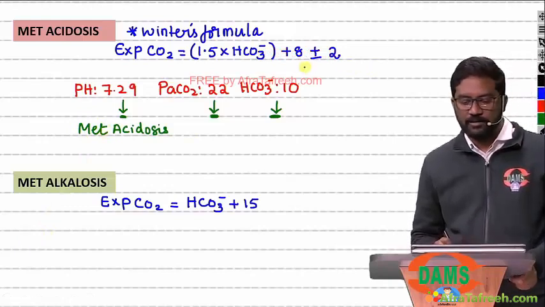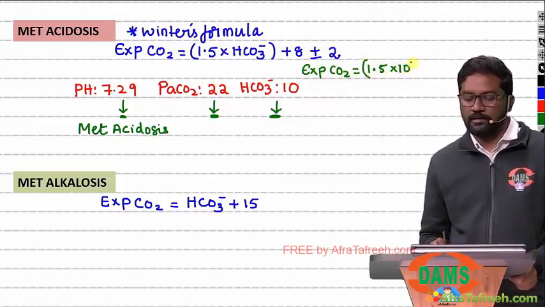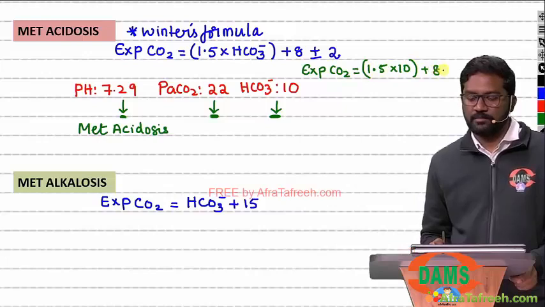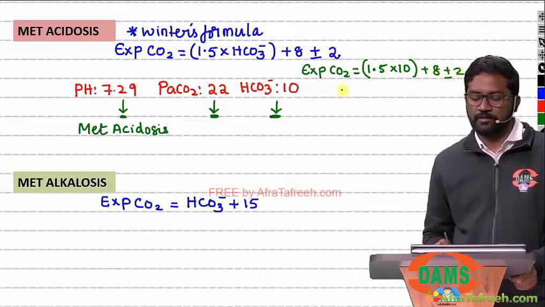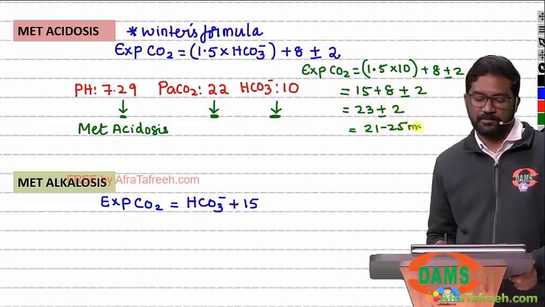How to calculate? Utilize this formula. Expected CO2 is equal to 1.5 into bicarbonate. How much is bicarbonate here? 10. Plus 8 plus or minus 2. So it will be 15 plus 8 plus or minus 2, 23 plus or minus 2. So it has to be in the range of 21 to 25 mmHg.